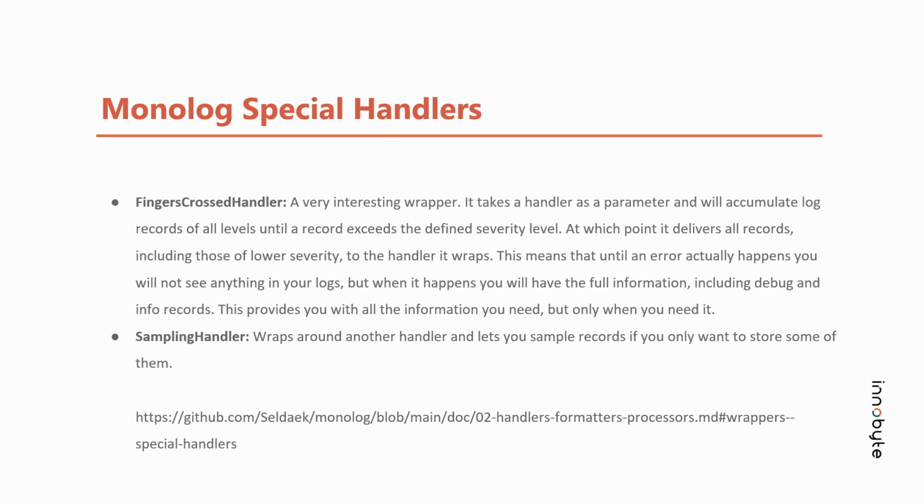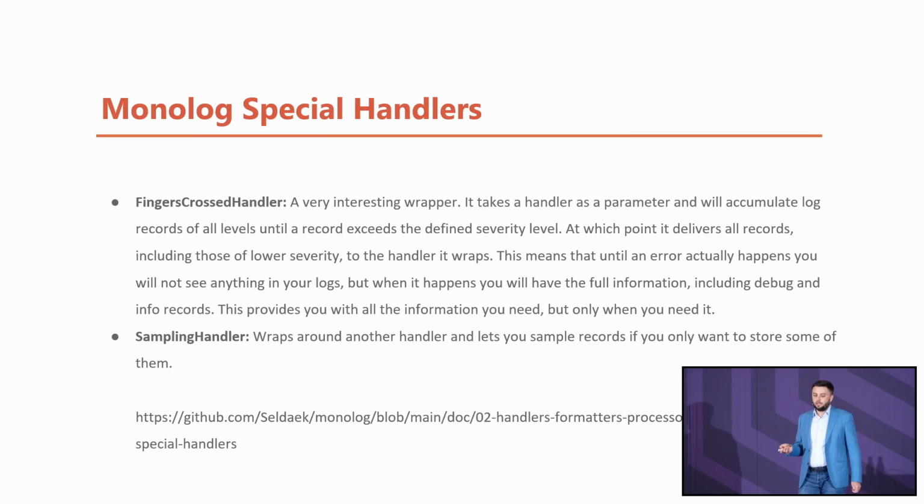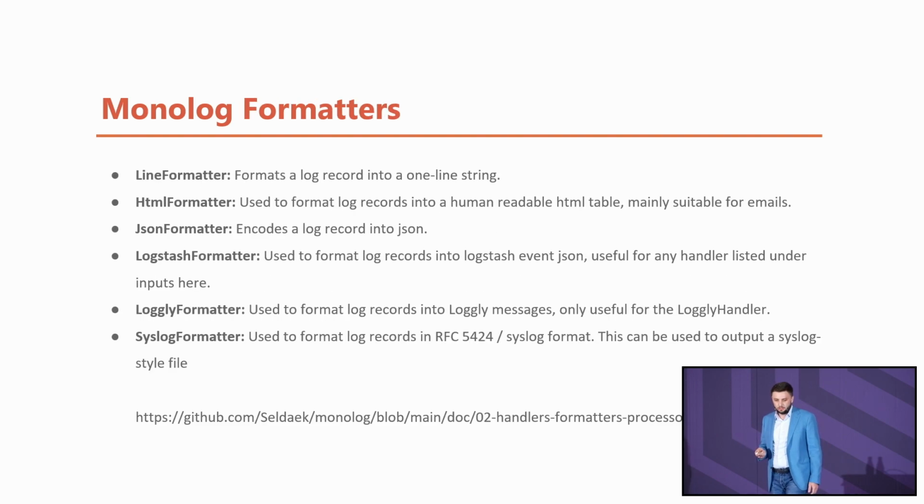And the sampling handler, which I find nice because on a big website you can end up with a lot of data. By sampling it, you do find requests that have that error, but you don't have all the requests.